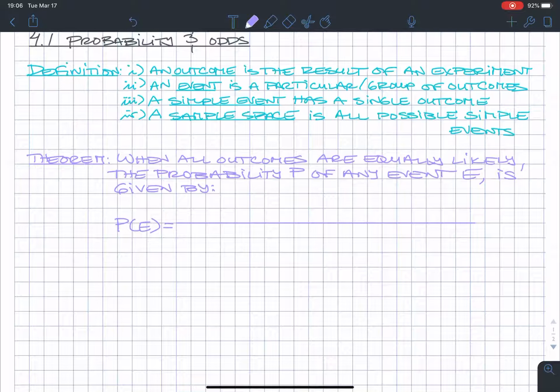On top is the number of outcomes corresponding to E, the event, all divided by the total number of all outcomes.